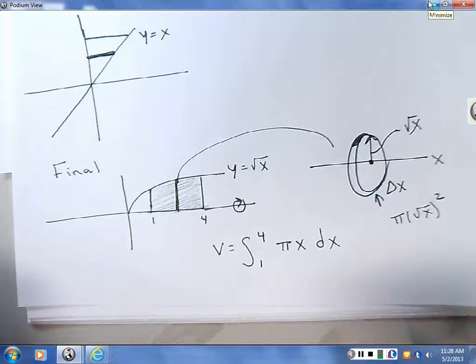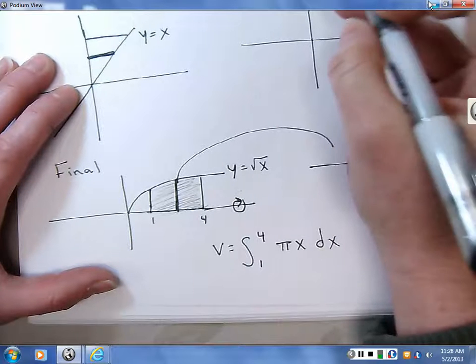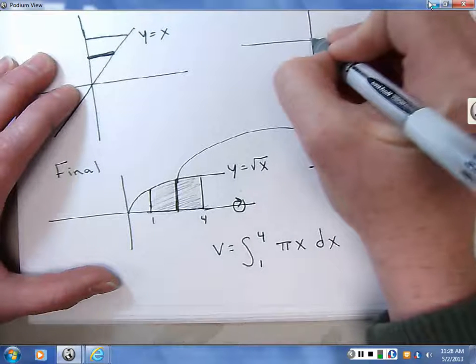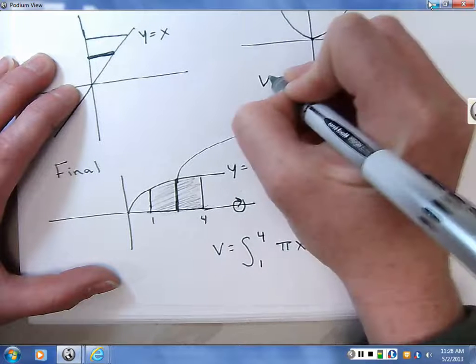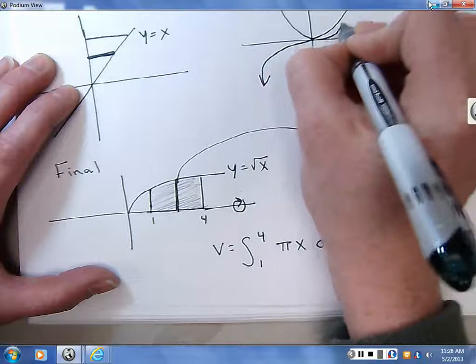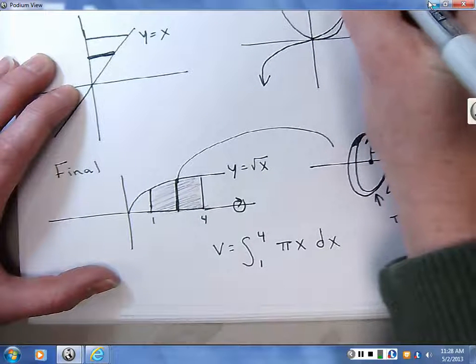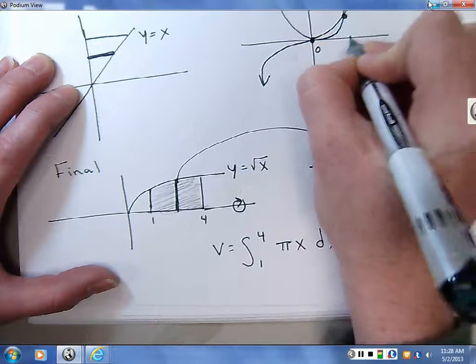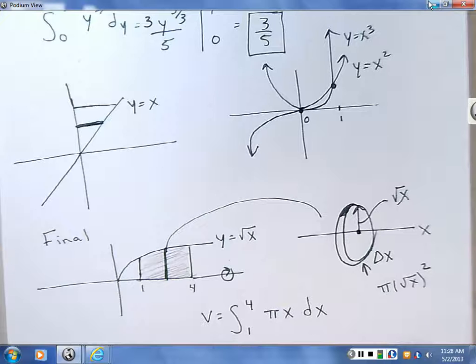So if I graph x squared, it looks like this, and x cubed looks like this. Y equals x squared, y equals x cubed. Between 0 and 1, x cubed is smaller than x squared, because a half cubed is an eighth versus a half squared, which is a fourth, and an eighth is less than a fourth.